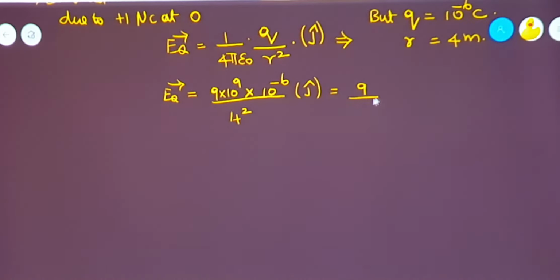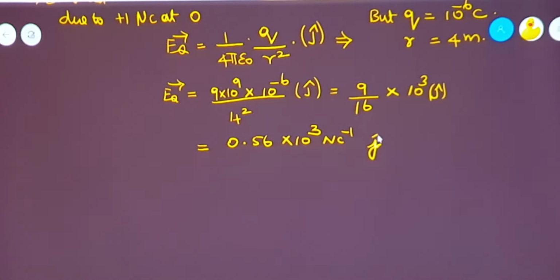Simplify, you will be getting 9 divided by 16 multiplied with 10 power 9 and 10 power minus 6. So you will be able to get it as 10 to the power of 3 J cap. On simplifying 9 divided by 16, you will get 0.56 into 10 to the power of 3 Newton per Coulomb, and the direction is J cap.